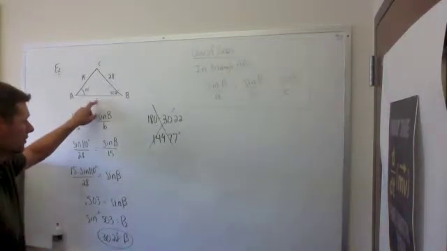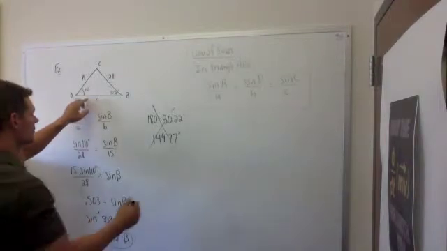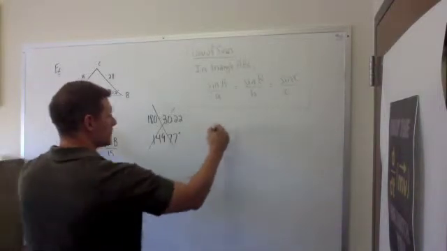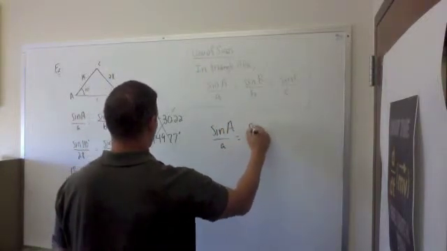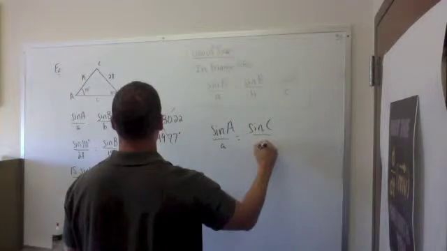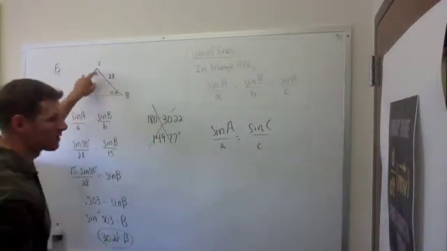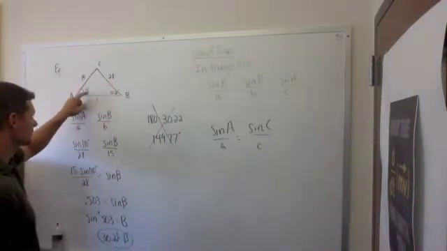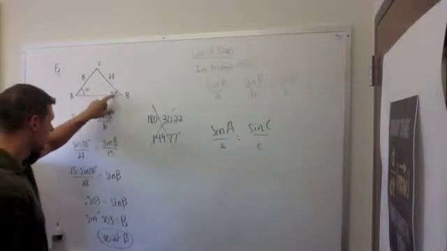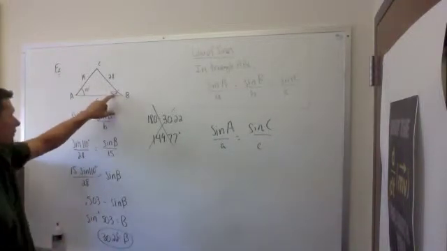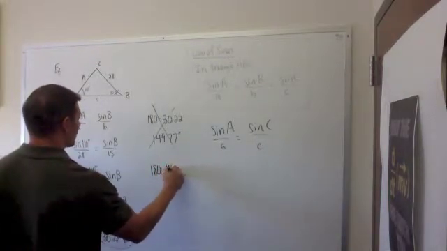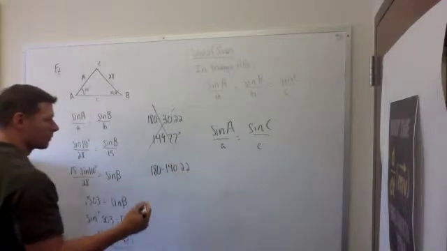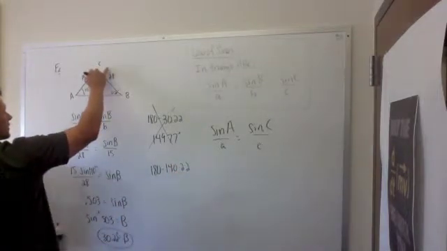How do I find the measure of C then? You could use the law of sines again. So I have sine A over a equals sine C over c. Do we know the measure of angle C? Sure. What do we do? 110 plus 30.22 is 140.22, and 180 minus 140.22 gives me 39.78 degrees.